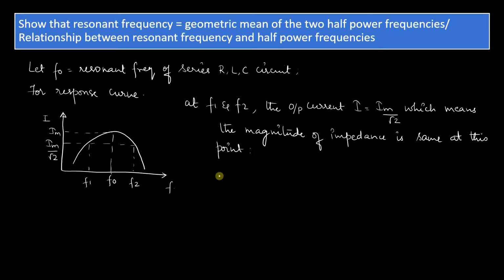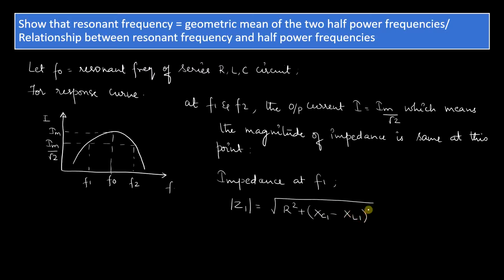So let me write the expressions for impedance at frequency F1: Z1 equal to square root of R square plus, since Z1 comes in the lower half, where XC is greater, XC1 minus XL1 the whole square, since XC is greater than XL.